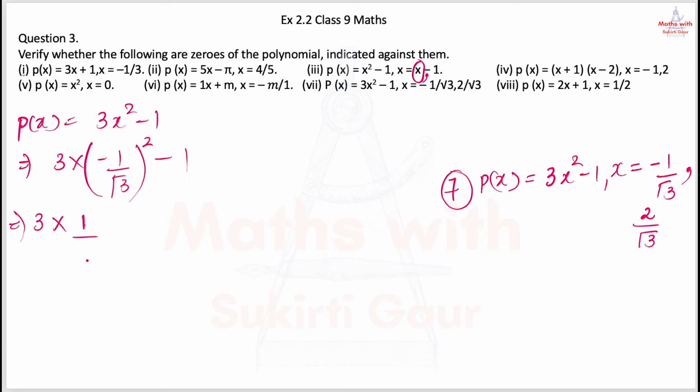Root 3 into root 3 will be 3 only. 3 got cancelled. We are left with 1 minus 1, which will give us 0. Easy. So x = -1/root 3 is the 0 of this polynomial. Taking x = 2/root 3.